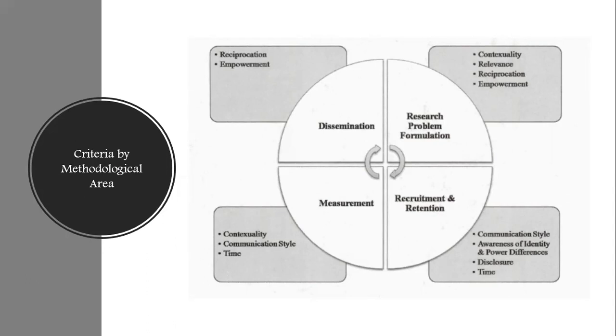We want to be very aware of that, because when individuals hear, "I'm a researcher from Baylor University," they automatically think of you as being in a position of power. So we want to have a sense of awareness about that as well. These are just some of the things that we would need to think about as it relates to cultural competency within the context of research.